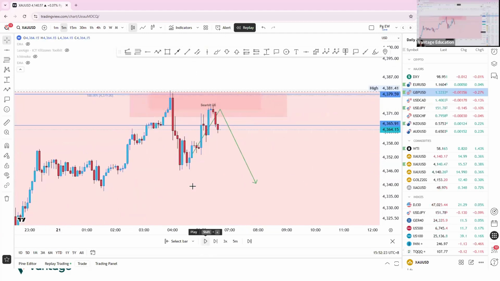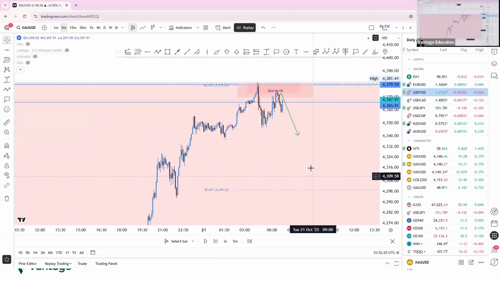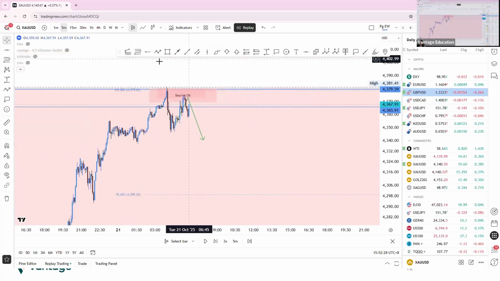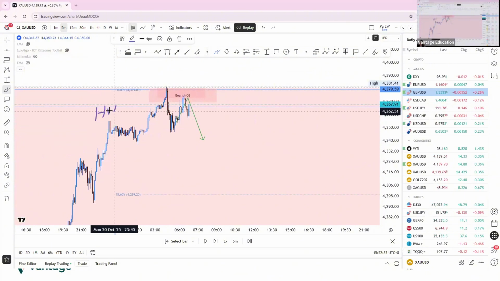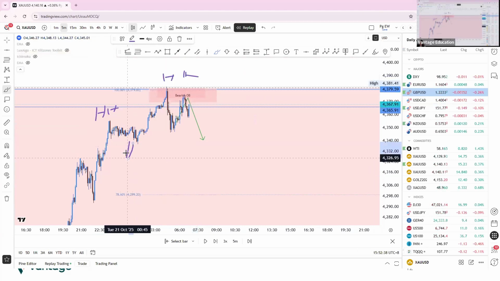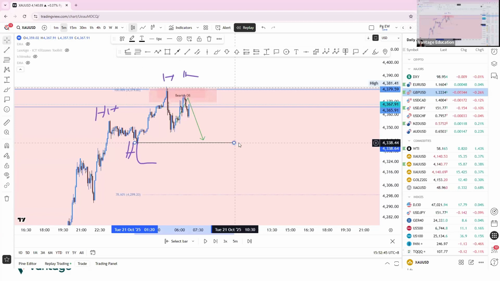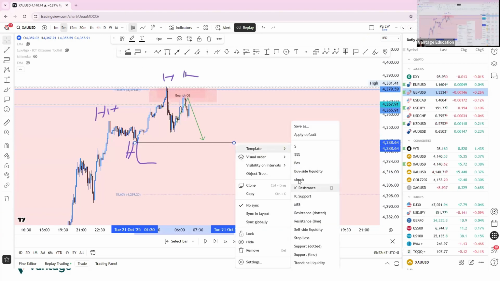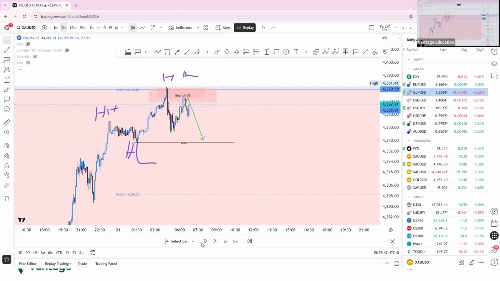Based on the M5, this is the higher high, right? This is the higher low, meaning that I need to close below this level to make the change of character, right?